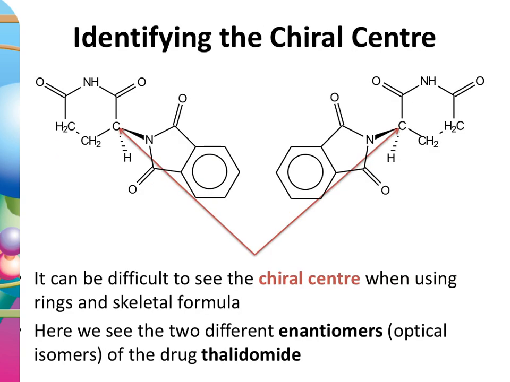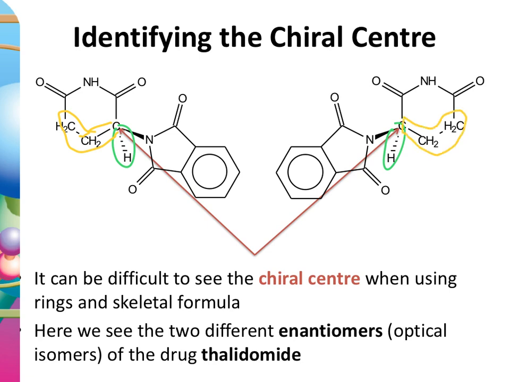It can be difficult to see chiral centers when you've got rings, which I already mentioned, or particularly with skeletal formulae, because you can forget about the hydrogen. Because we draw the hydrogen on the carbon that we've got the arrows to here, that is what allows us to see that we have four different groups. You can think of that as another one.